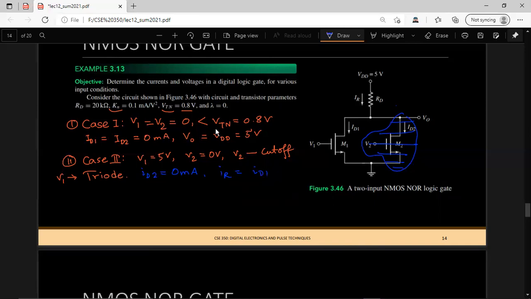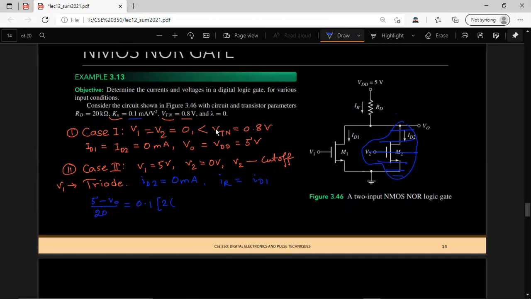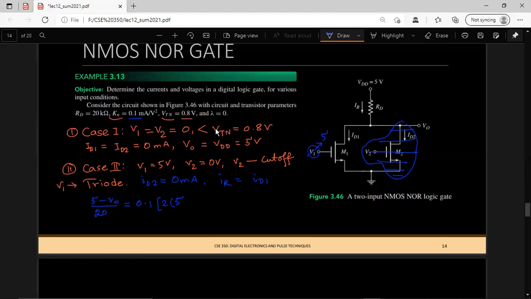So it will give us the formula (5 minus V0) divided by 20 equals 0.1, that is Kn, times 2 times (5 minus VTN, that is 0.8) VGS, and VDS is V0, minus V0 squared.